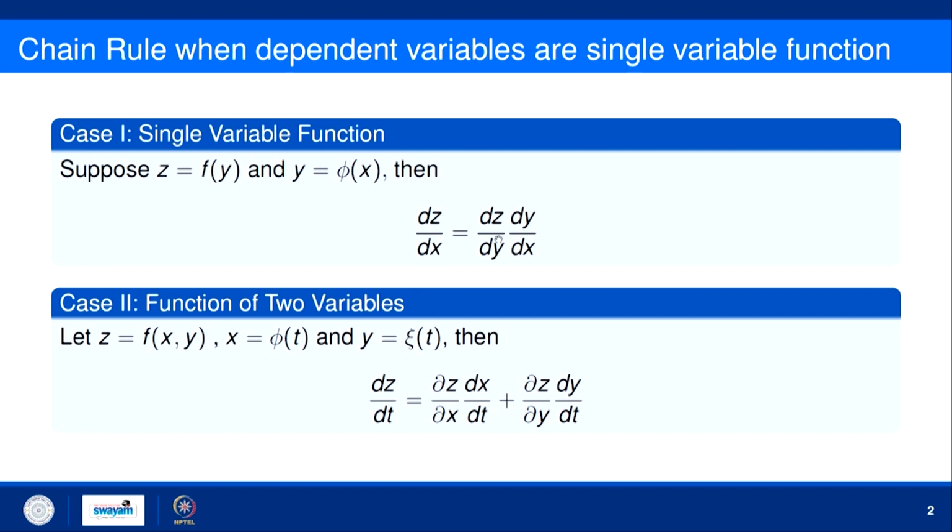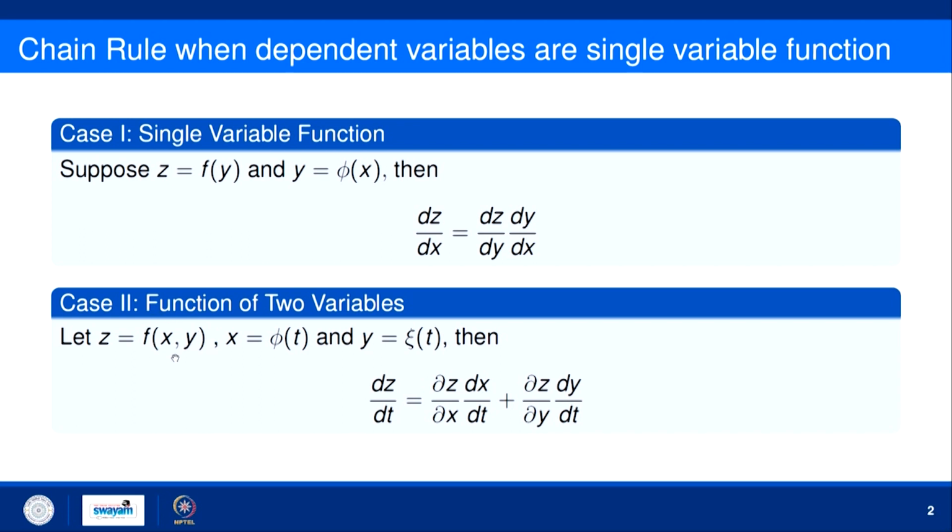Now, let us try to extend the same definition to two variable functions. Suppose z is a function of x and y, and these x and y are independent variables, and x is a function of t and y is some other function of t. If you want to find dz by dt, z is a function of two variables, but when you substitute x as a function of t and y as a function of t, it becomes a function of only one variable.